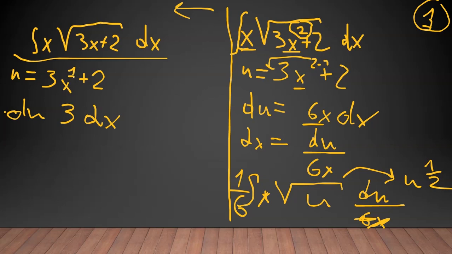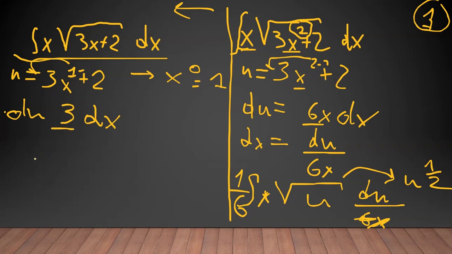X is by default like x to the power of 1, although we don't see this exponent. So this 1 minus 1 becomes x to the power of 0, which is 1. And if you move 1 before, it's just 3. So 3 times 1 is 3. So we have only 3 left.